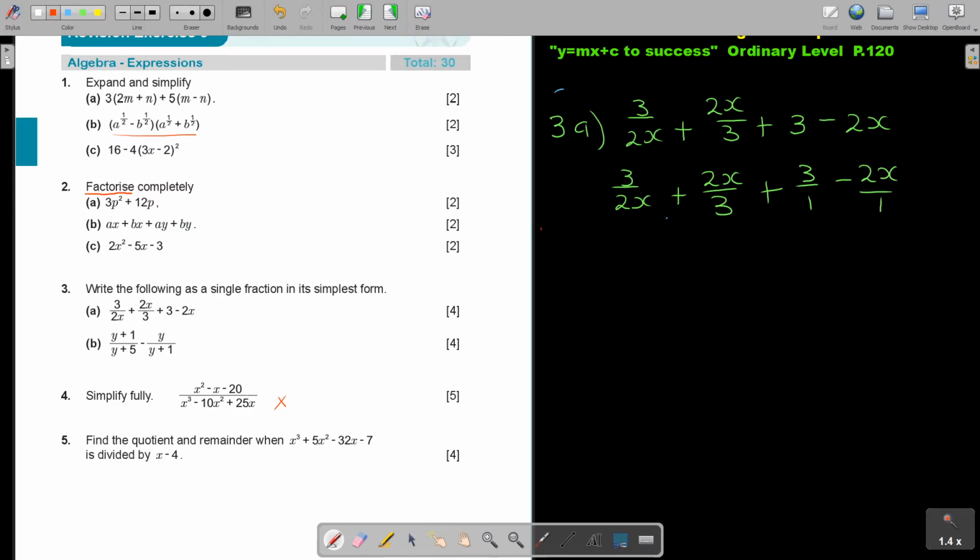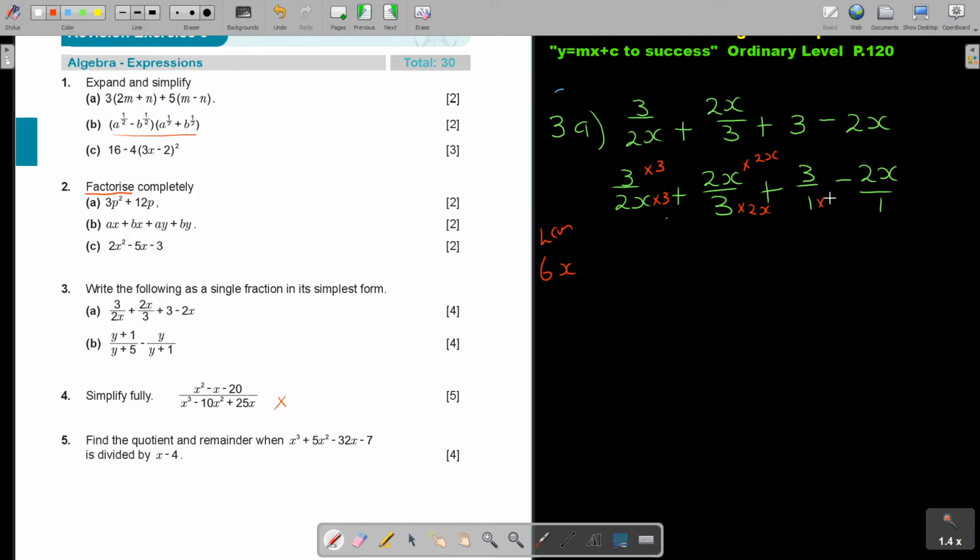Now, what is the LCM? It must be the common, so 2 and 3 can go to 6, and there's an x. So now you must every time say 6x divided by 2. Or with what must I multiply 2x to get 6x? Just with 3, and I like writing it in. And this one, 6x divided by 3, that's going to be 2x. And whatever I write at the bottom, I write at the top.